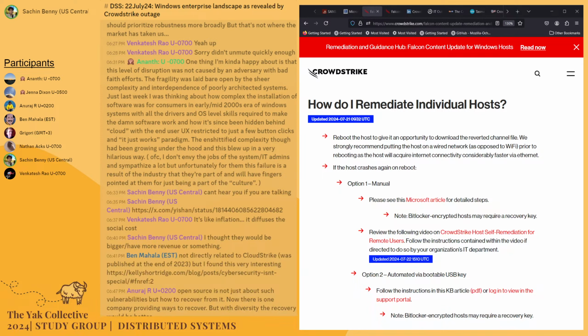It seems like there are a lot of those types of companies that exist, and I don't know if CrowdStrike is one of them, but based on the amount of market it has, possibly it could be.